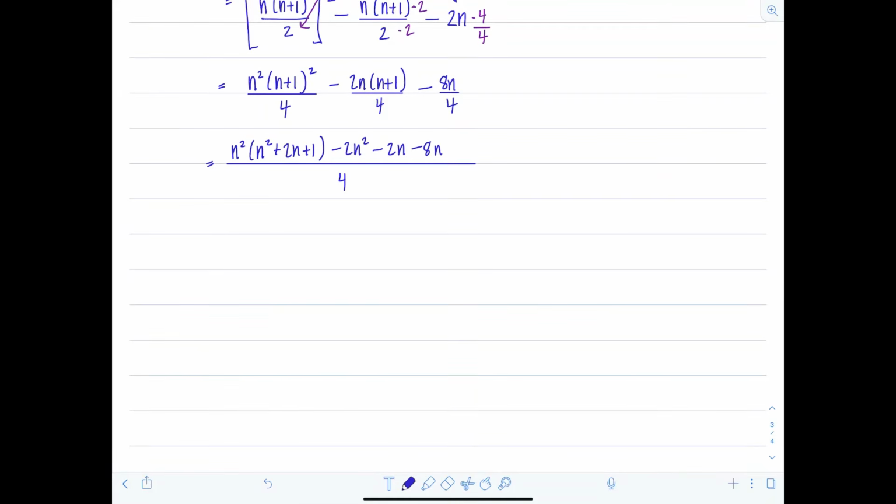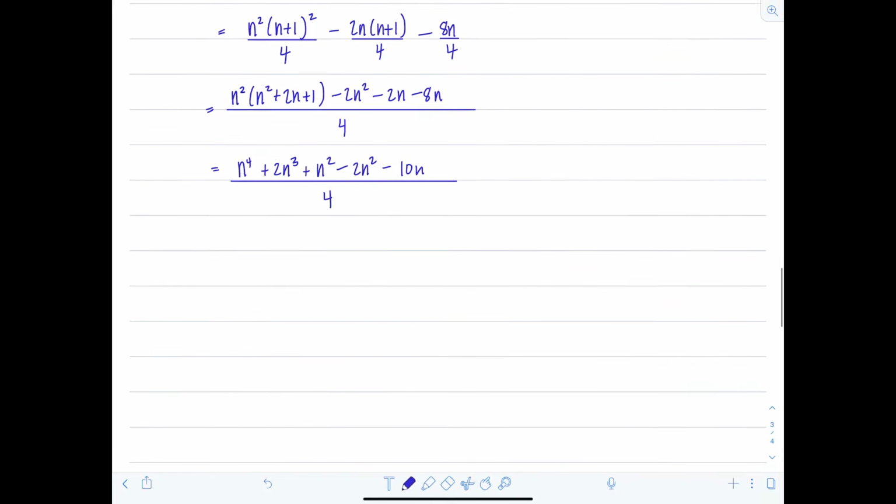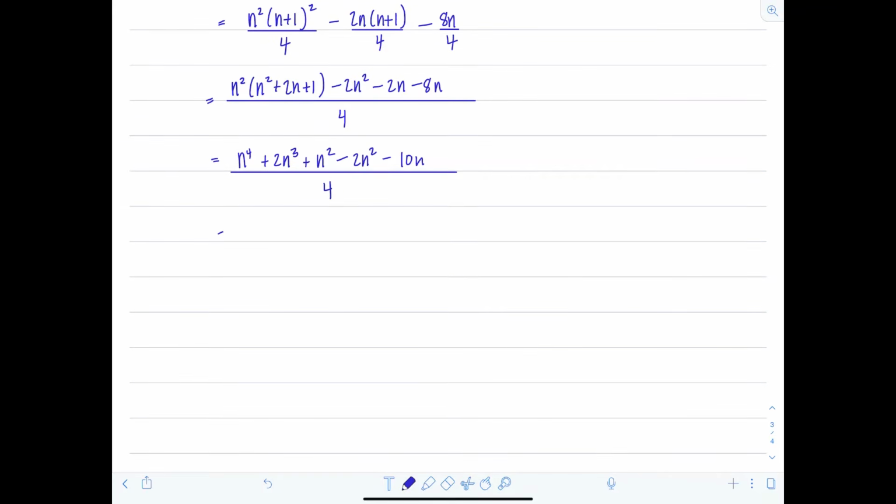And then I can distribute some more, so we will have n to the 4th plus 2n cubed plus n squared minus 2n squared minus 10n over 4. And then, let's see, I can combine some like terms here. So we'll have n to the 4th plus 2n cubed minus n squared minus 10n over 4.